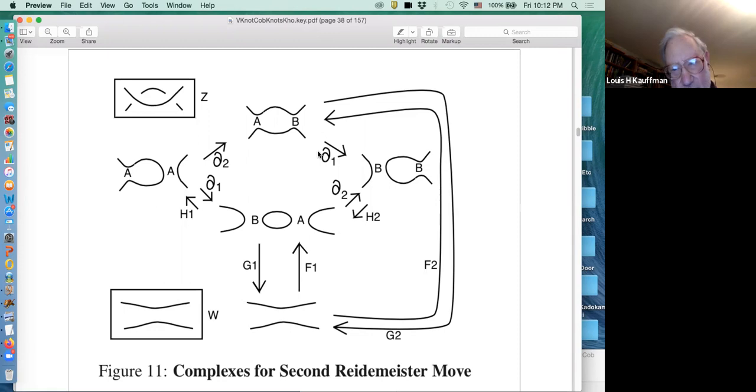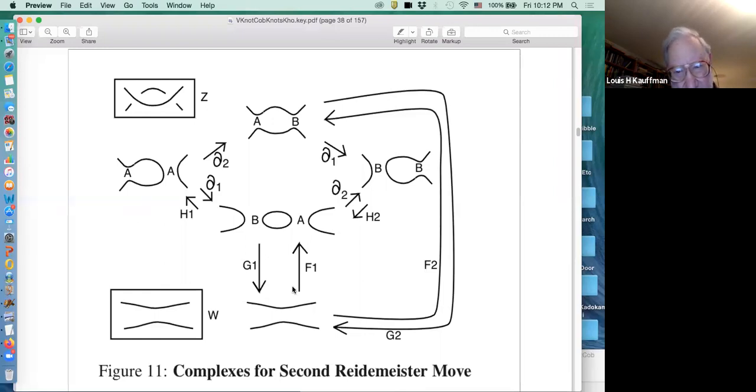And we wanted to show that the two obvious mappings that will carry the lower complex to the upper and the upper to the lower, those two mappings are, when you compose them in either direction, chain homotopic to the identity. And so we went through this, and I'm just going to go through it again because it's interesting and it bears looking at again, but I'll go through it quickly and you can look at the slides which are in the Dropbox.